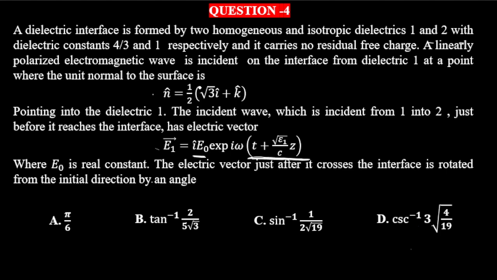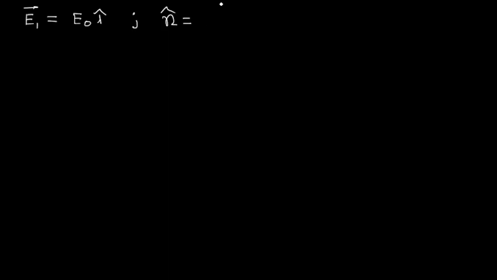So what I can write here is that the electric field in medium 1 is E naught I cap, and then we have the equation of the unit normal on the interface. This equation is half root 3 I cap plus k cap.